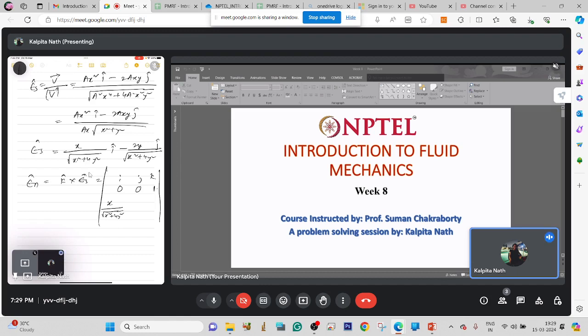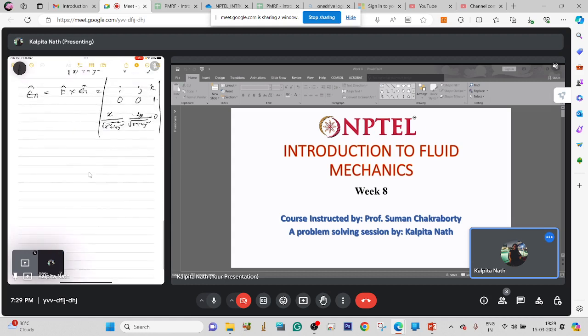I may be wrong somewhere, please point me out. So this is x square plus 4y square, this is 0. So this is equal to I cap 2y by root over x square plus 4y square minus j cap x by root over x square plus 4y square.